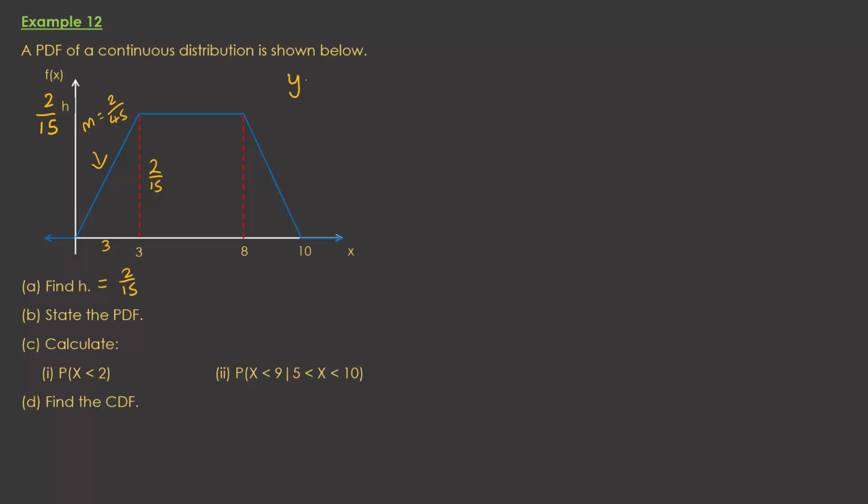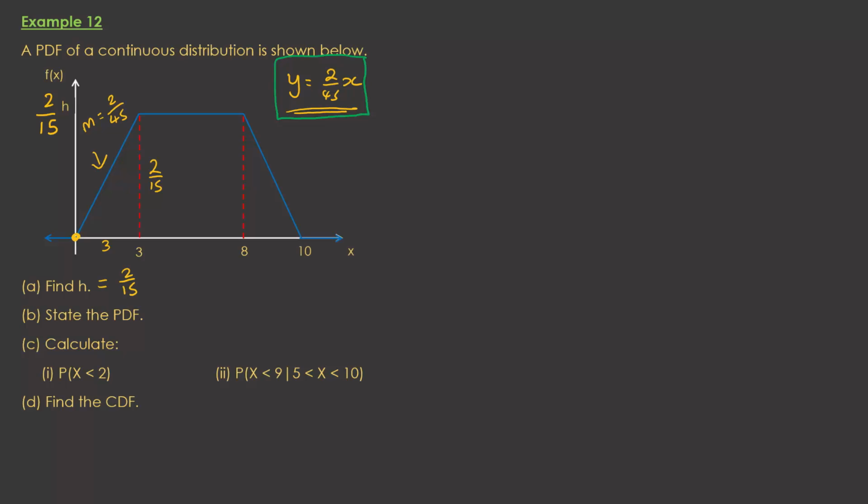So we've got y is 2 over 45x, and here it comes from the origin, so the c is 0. So that is going to be the first section for our PDF.